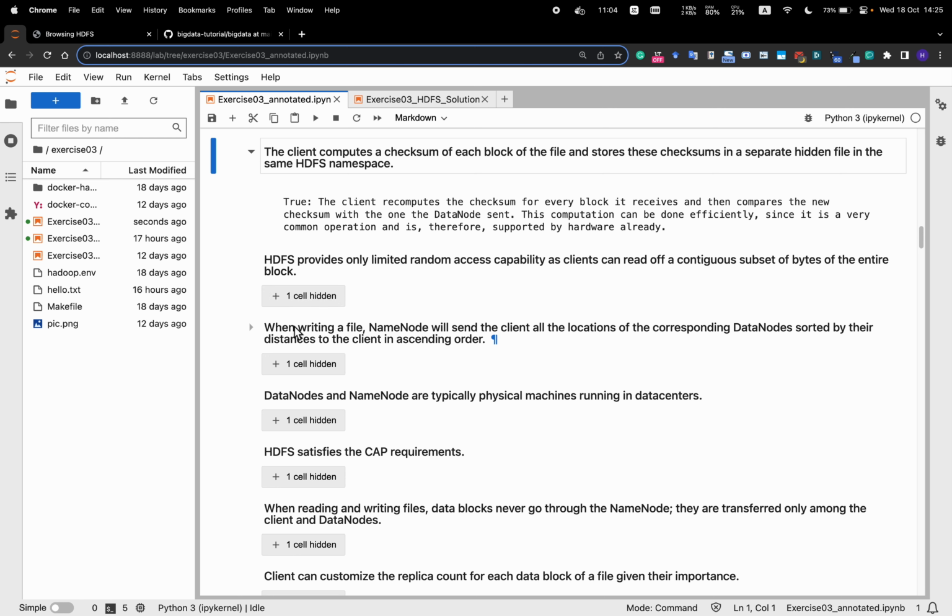Next, HDFS provides only limited random access capabilities because users can still access a contiguous subset of the bytes of a chunk of data. Is that true or false? So there are two parts.